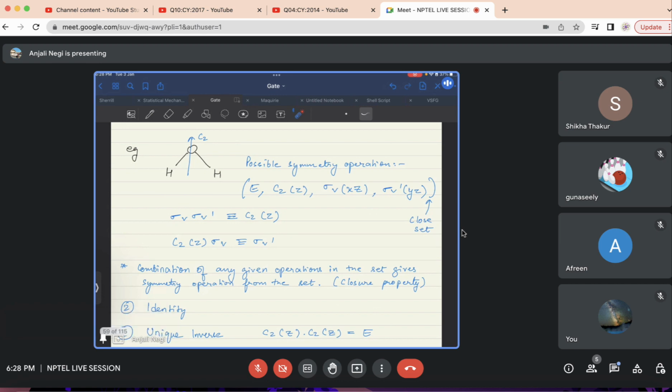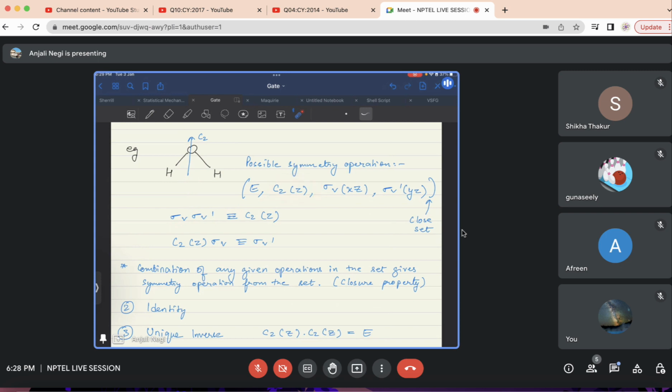In the closure property, you can simply take any two, any three, any four, any number of operations together, and apply them on the same molecule, from the set that you have created. If I take for example sigma V and sigma V prime and apply these operations to this molecule, it will be equivalent to any one of the symmetry operations that belong to that particular set, correct?